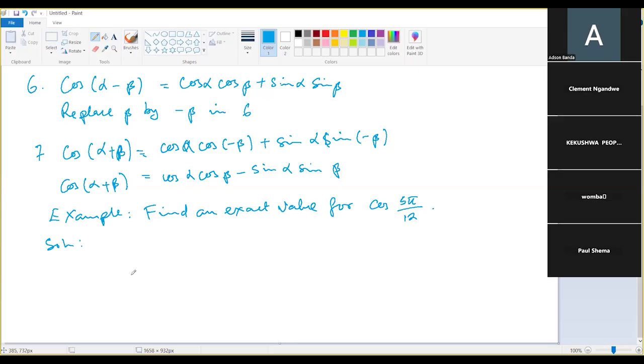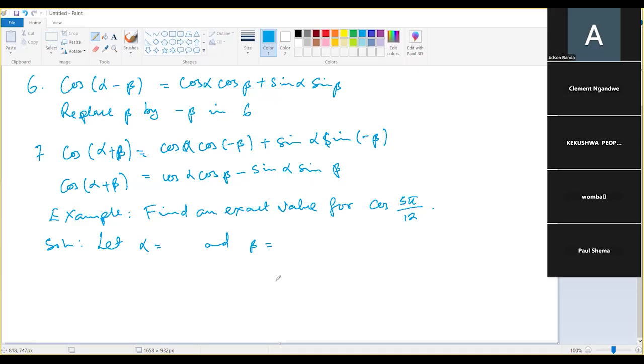Who can tell me what this angle, 5 pi by 12, is in degrees? It's going to be 75. 75 degrees. Yes.